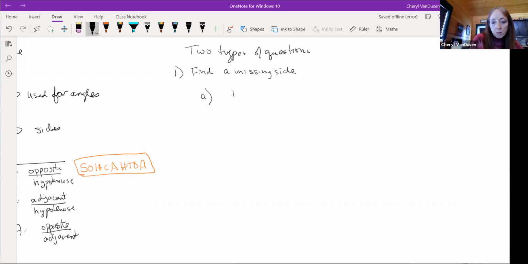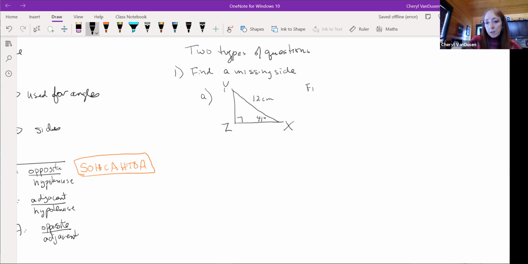So I'm going to draw another right triangle. I'm going to tell us that this is 41 degrees. We'll put this as angle X. This is angle Y, and this is angle Z. And I'm going to tell you that the hypotenuse is 12 centimeters. Okay, so there's our setup.